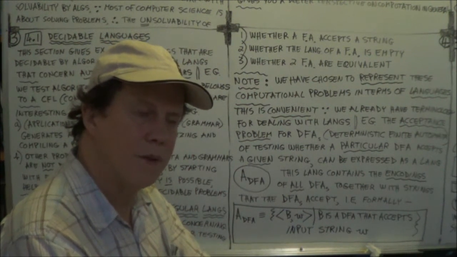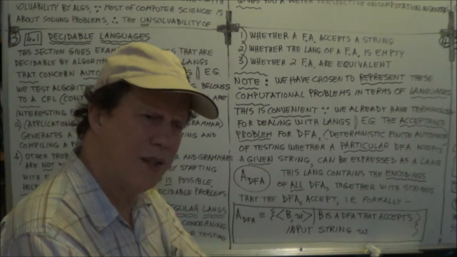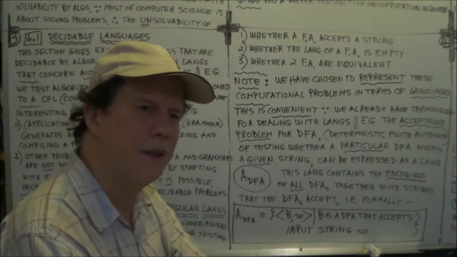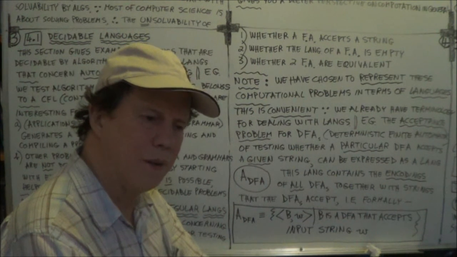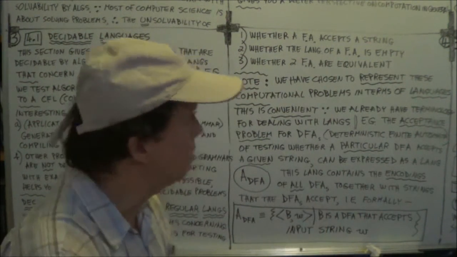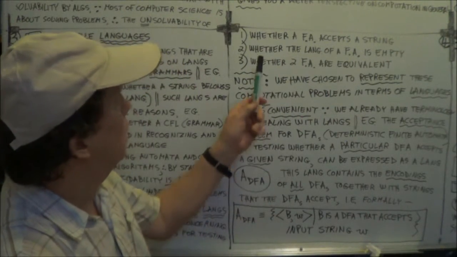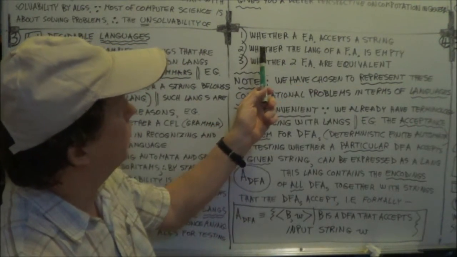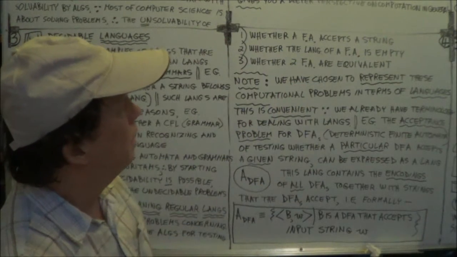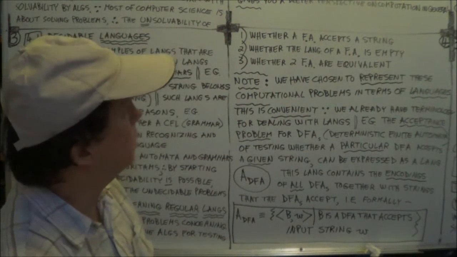Right? So you may then ask, well, how do you translate a problem like that into a question about language? Well, that's what we're coming on to. But before we do, here are a few other types of computational questions.